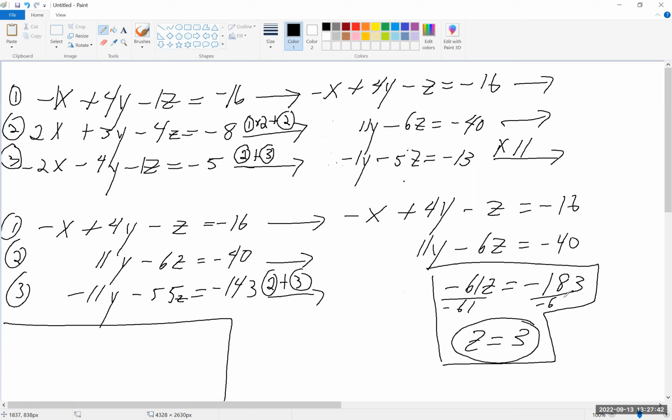Actually, you did. Now I'm going to take the 11y minus 6z is negative 40. And I can get rid of this z because you just told me z is 3.